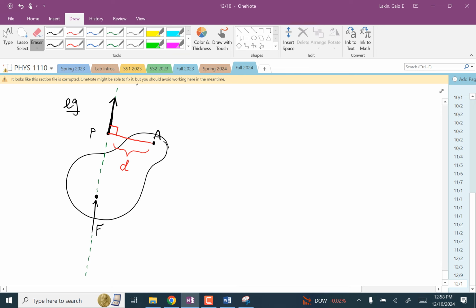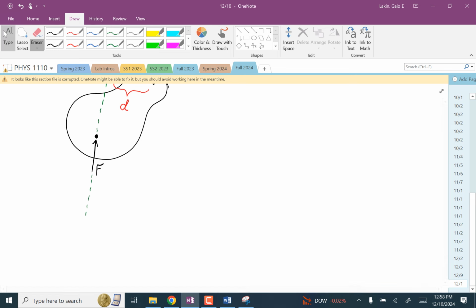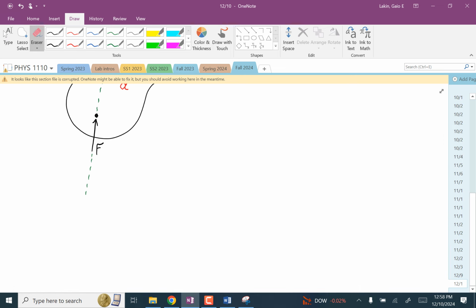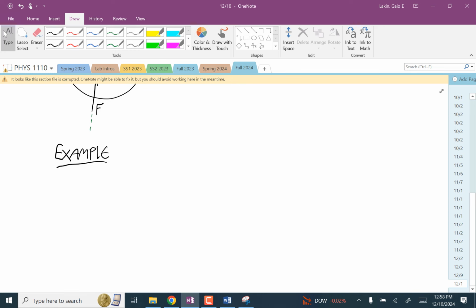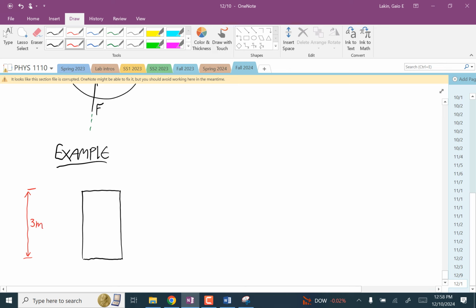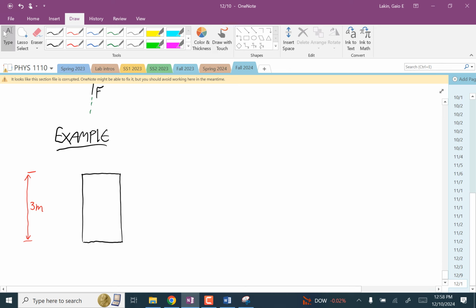So let me show you an example. Let's say that here's the rectangle, and it has a height of 3 meters and a width of 1 meter.